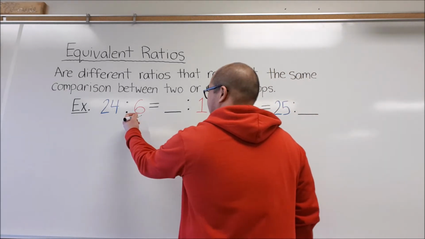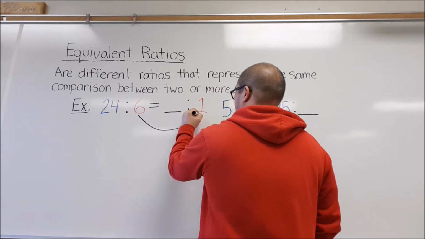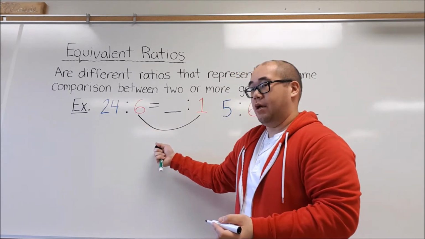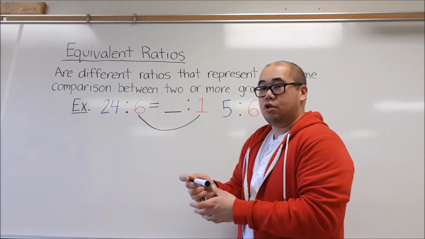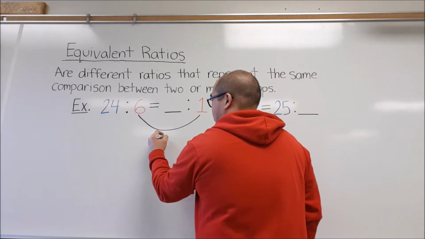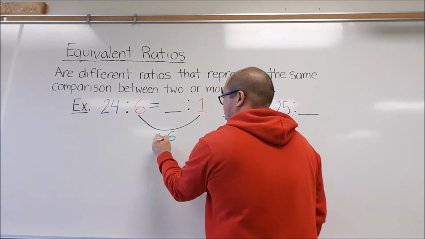So if we're looking at the 6 and the 1, do we divide 6 by a number or do we multiply? Well, to get from 6 to 1, we know that we should divide because it's a lower number to go from 6 to 1.